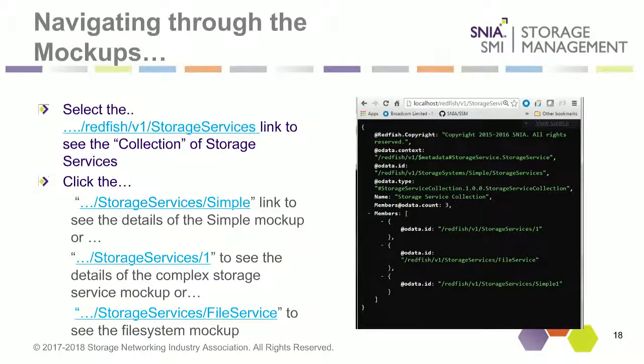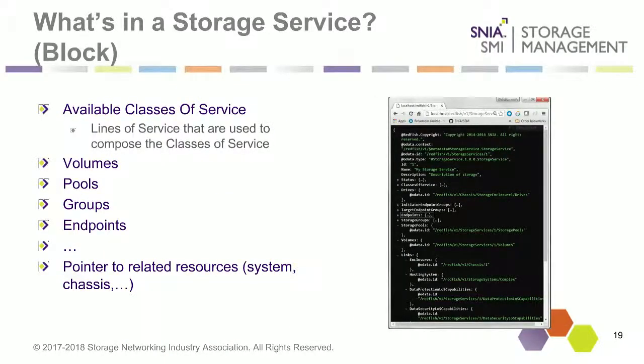So on the right-hand side, you can see I got the request back, and there were these 3 links I've got out to the simple, to the complex, and to the file service example. And then when I drill down further and look in the class of services, if I click on the class of services, then I'll be able to see volume information, pool information, group information.